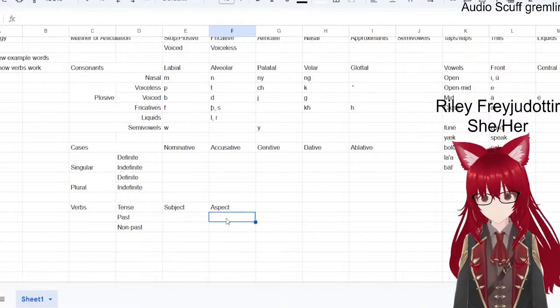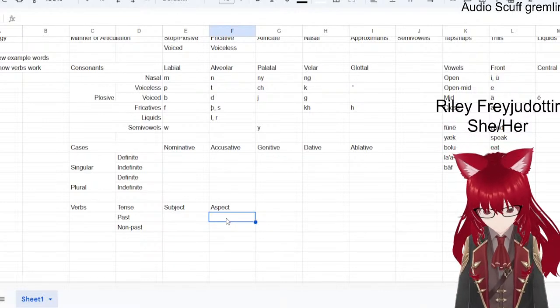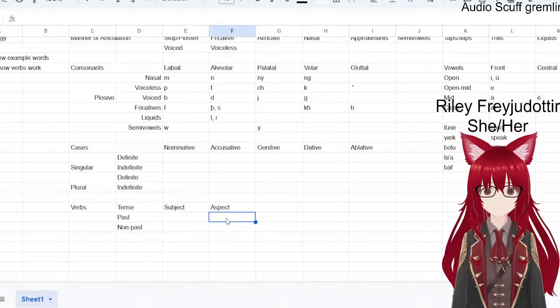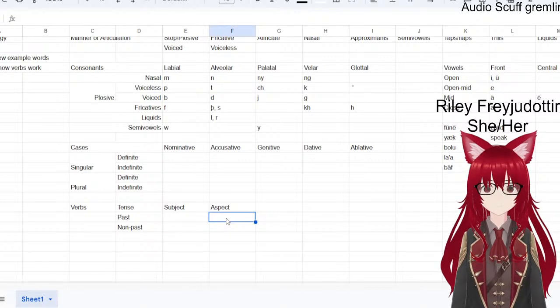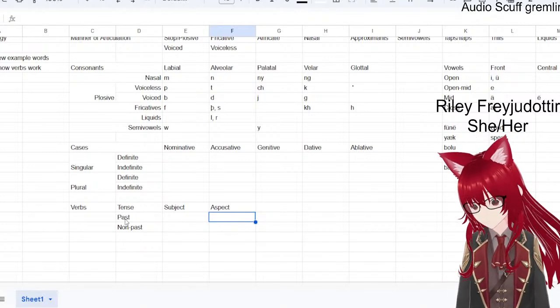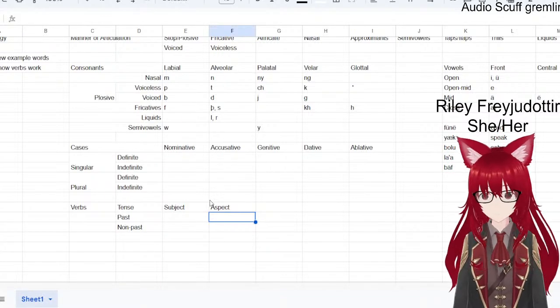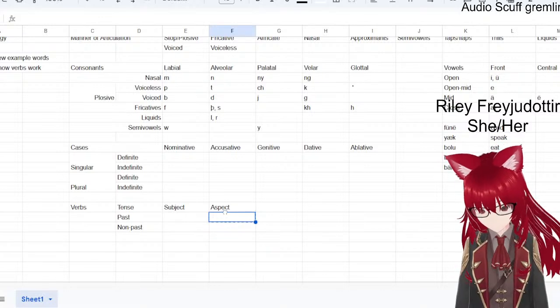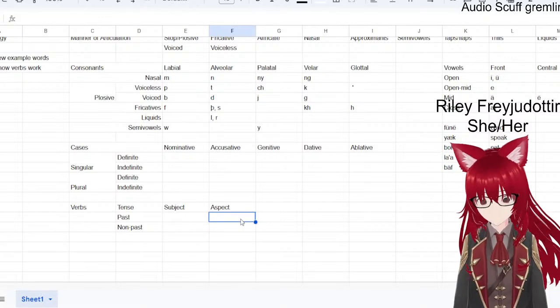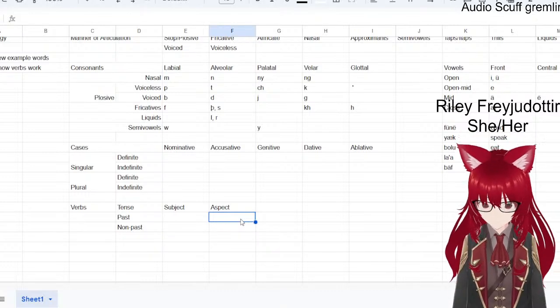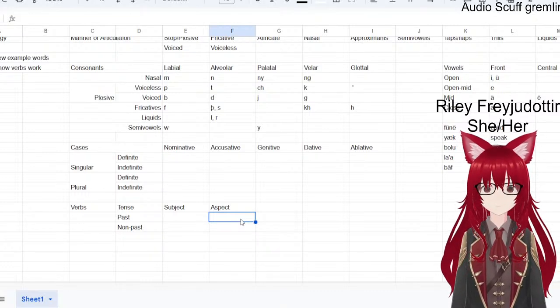Then you have the continuous aspect, like "I am walking," also called progressive aspect. "I am walking" denotes that the action is ongoing and seen as part of the process.